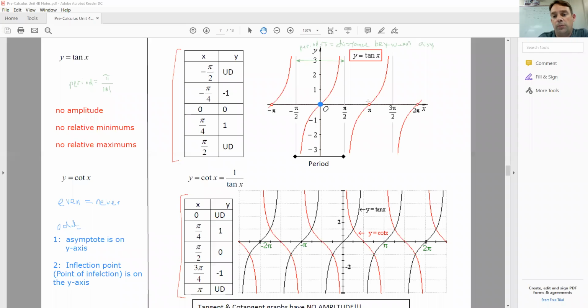If an inflection point is on the y-axis for tangent or cotangent, then it will also be odd. So it could be odd for a couple things, but the nice thing is tangent and cotangent can't be even. Never will be even. So what we're going to do this last little bit is graph some tangent and cotangent graphs, and then we will be done with our trig graphs.